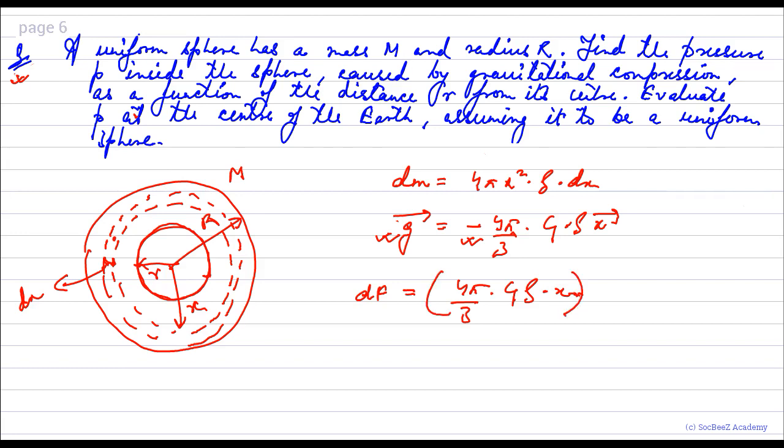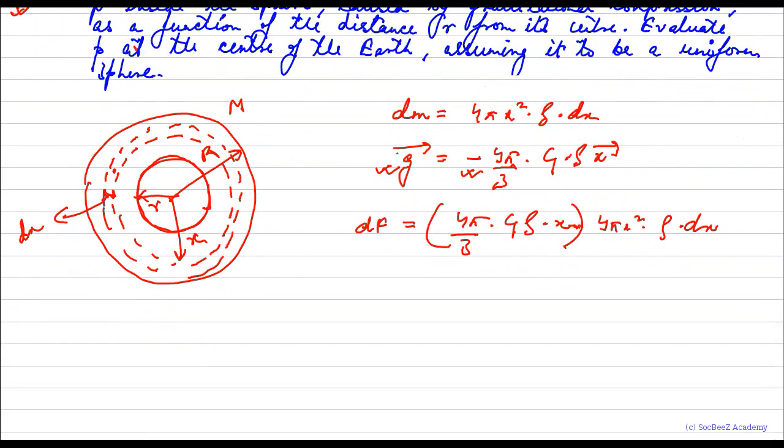Basically F is equal to gravitational field into the mass, so that is what I am doing here, into dm. Dm can be written as 4 pi x square into rho into dx. So this is the small force df which the shell experiences because of the sphere which is present inside the shell.